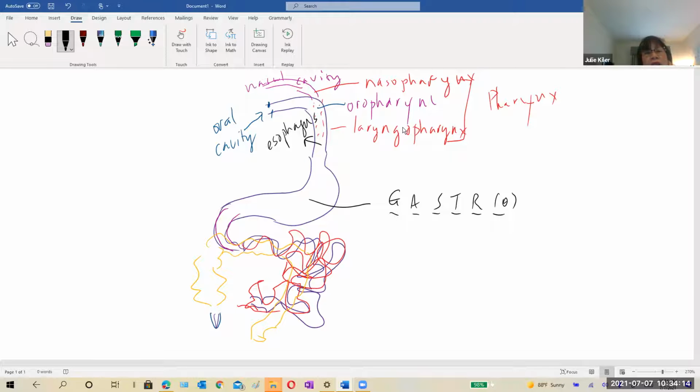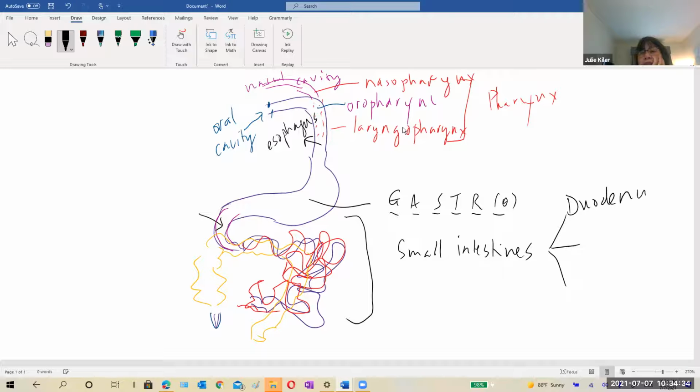Now we have a small intestine here. It consists of three. What are they? Duodenum. Awesome. Duodenum here, right? What's next? Start with J. Yeah, Eric got it.